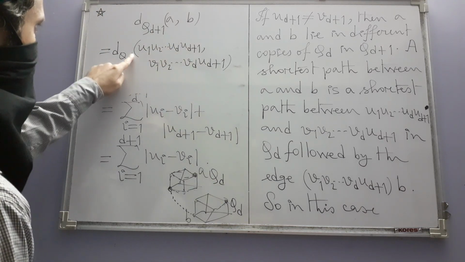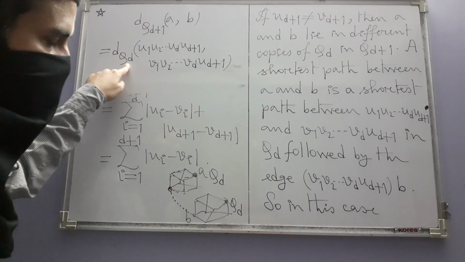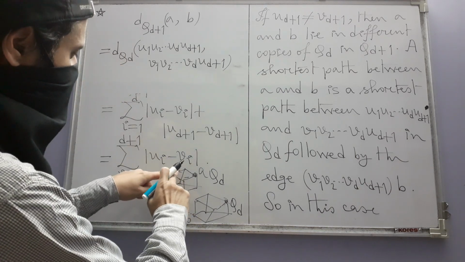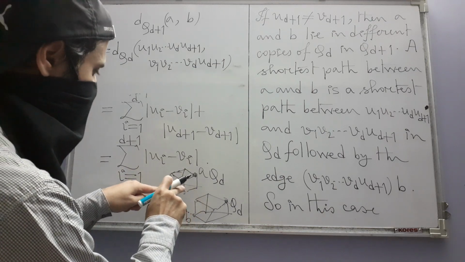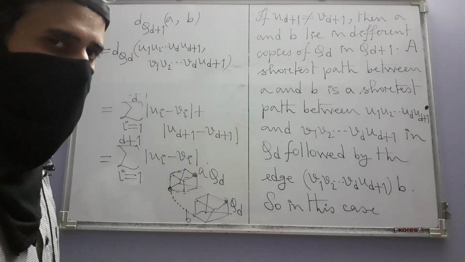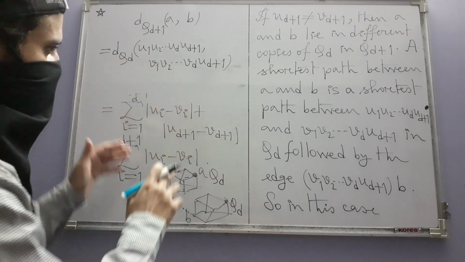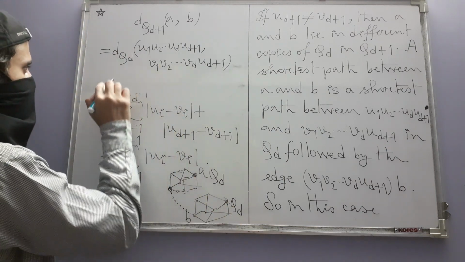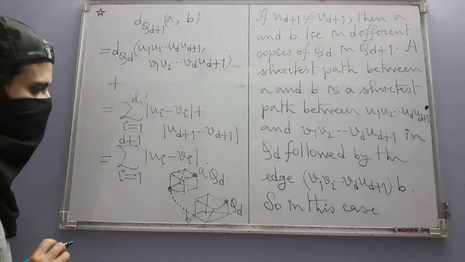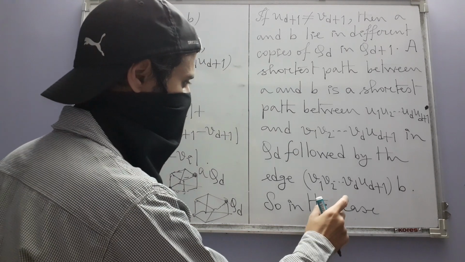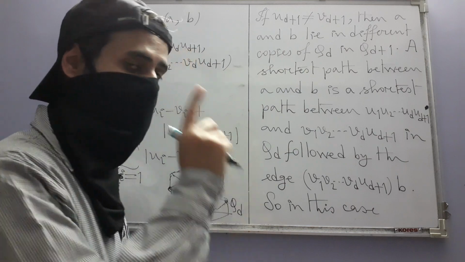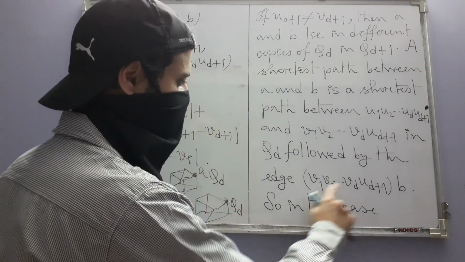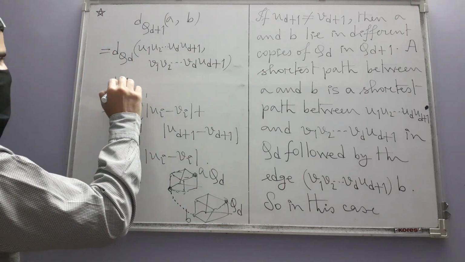So using qd here is wrong, but by writing qd here I just simply mean that the distance is going to be calculated in one copy of qd. Okay, so the notation is a little wrong, but to make sense of all the things I have just written like this, plus the distance between this and b, which is 1. Why is it 1? That's because it is just a single edge.